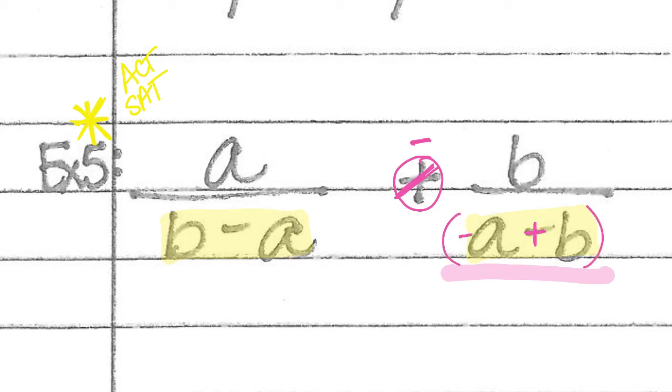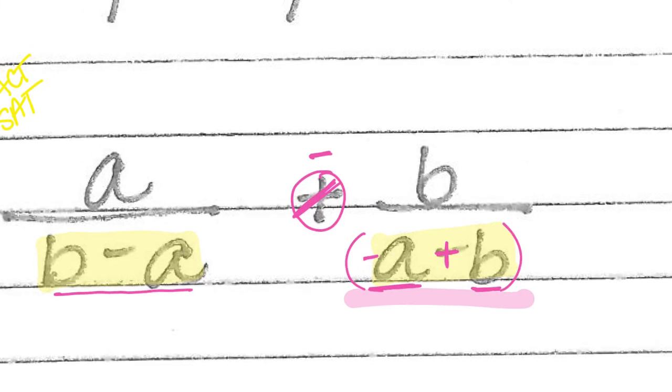If I was to distribute this back through, negative times negative A would be positive A, which is where we were, and negative times positive B would be negative B. But I'm doing the opposite of the distributive property to get to this. So now B minus A is the same as B minus A. So now I have a common denominator of B minus A.